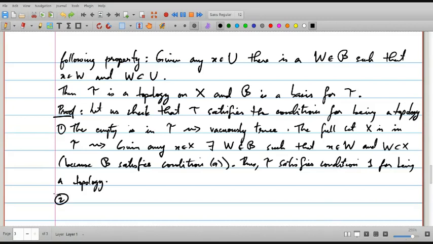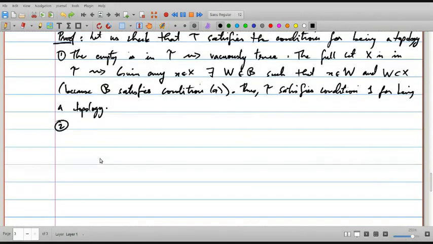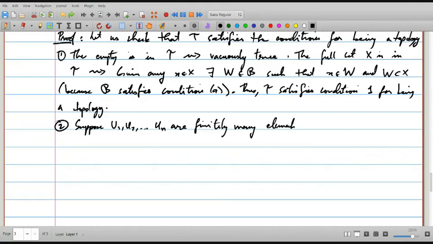Let's check the second condition. So suppose U1, U2 up to Un are finitely many elements of tau.